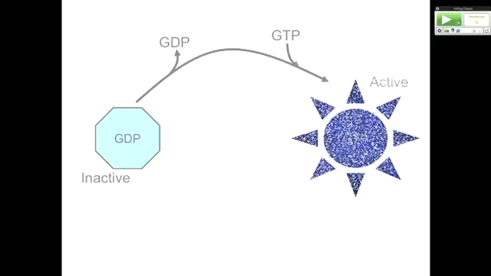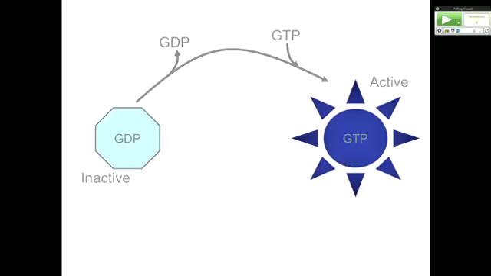What does that mean? If it's behaving like the G proteins that we've been talking about thus far, in its inactive conformation, it would be bound to GDP. Upon guanyl nucleotide exchange, we would exchange GDP for GTP, and we would end up with an active form of the G protein.